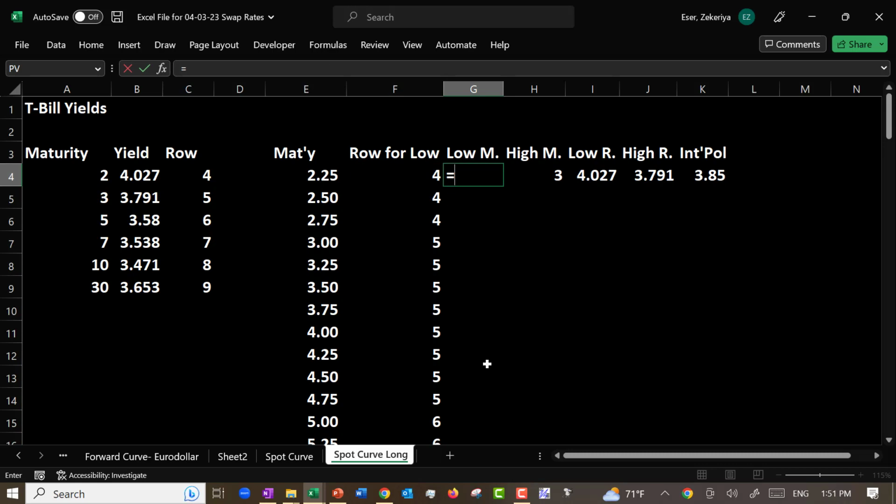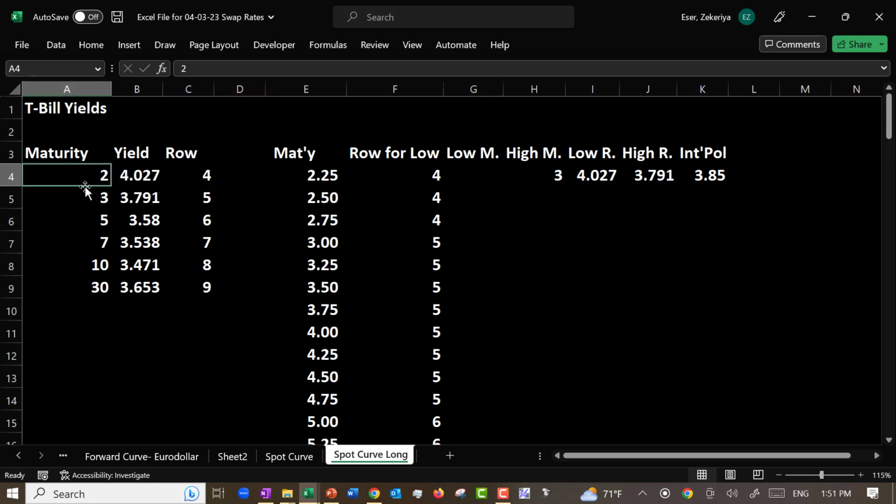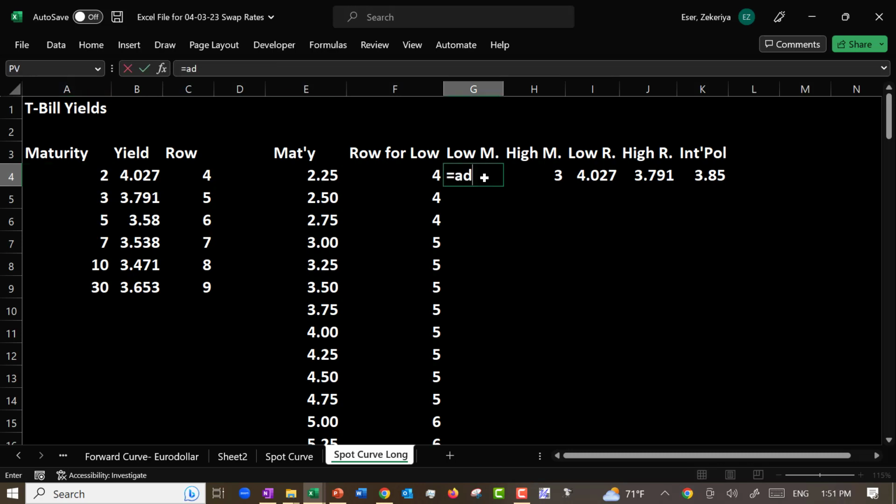Then basically for the low maturity, I want the number that's in A4, right? There's a function called address, or yeah, row number 4, column number 1, okay?